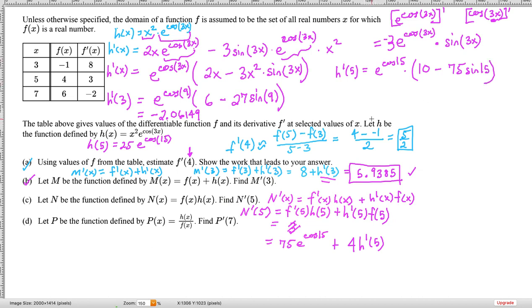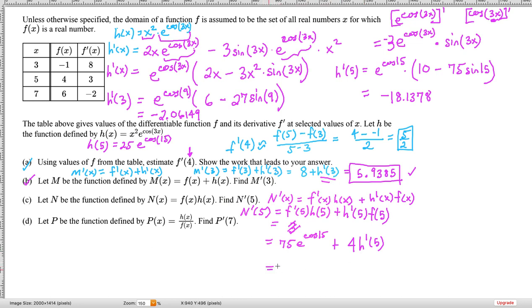And from here I go to the calculator and I get e to the cosine 15 times 10 minus 75 times sine of 15, negative 18.1378. And that is right here, so I'm going to multiply it by 4.